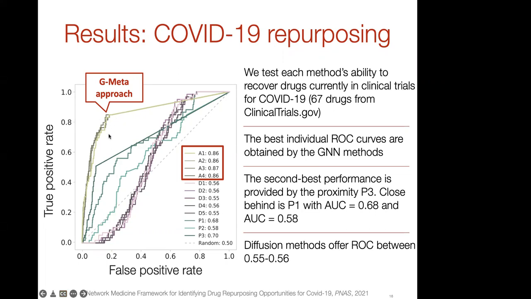We compared that against various standard supervised learning frameworks and their predictions. And what we found is that G-Meta consistently was able to outperform many of those standard diffusion-based methods based on network proximity, graph kernels, and others.